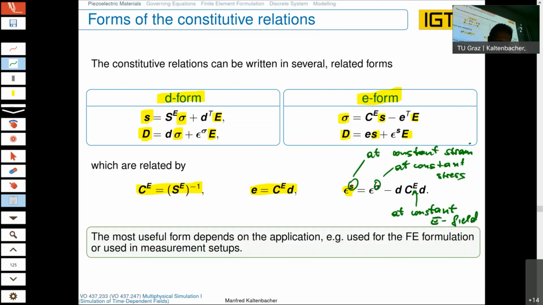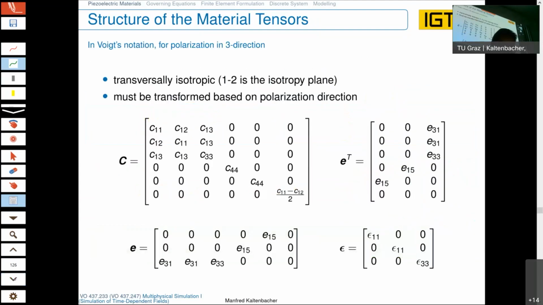Okay, so in this sense we can look at the entries of all our material tensors. More or less for most piezoelectric materials, we have a transversal isotropic material, which means that it is just different in the thickness direction where it is polarized.